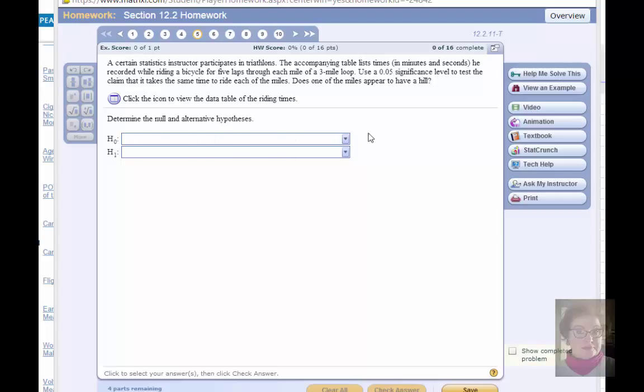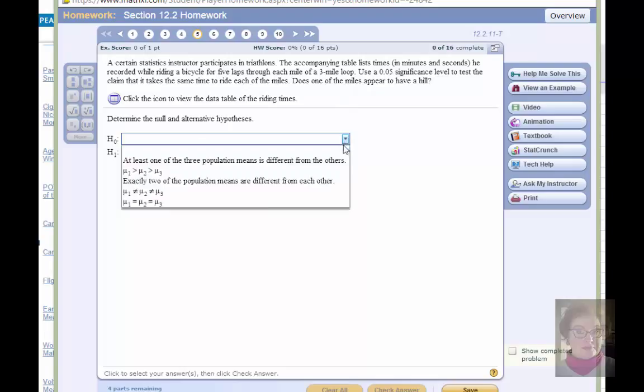So first of all, we're going to determine the null hypothesis and alternative hypothesis. Not your statistics instructor, but another one participates in triathlons. And we have tables with his time in minutes for each of 5 laps through the mile. And then we're going to test that to see if the means are the same.